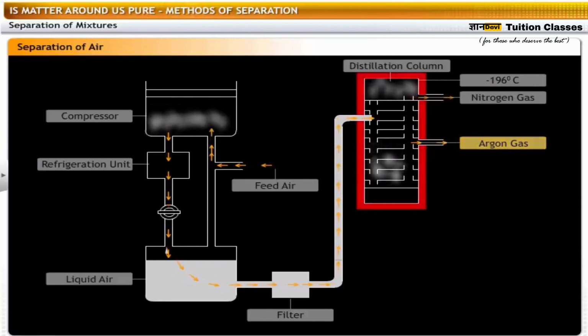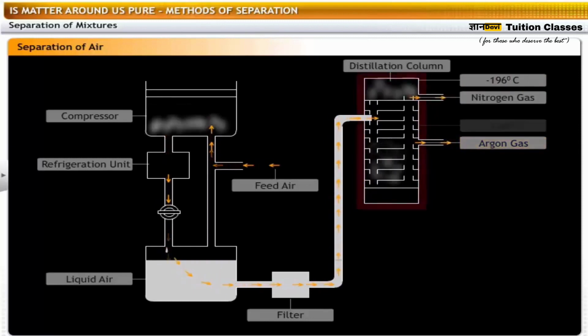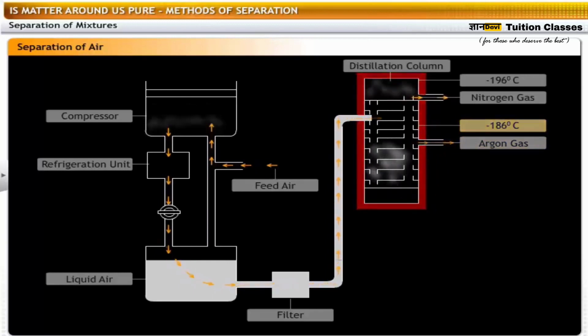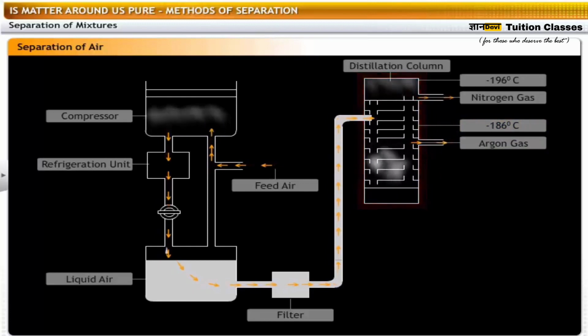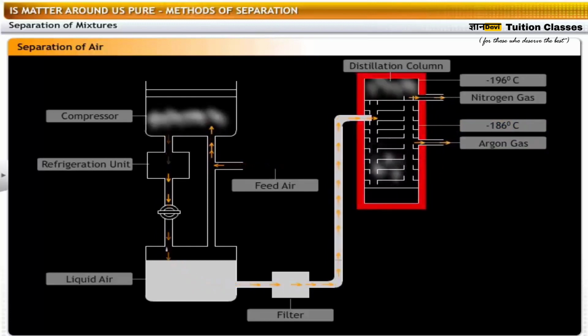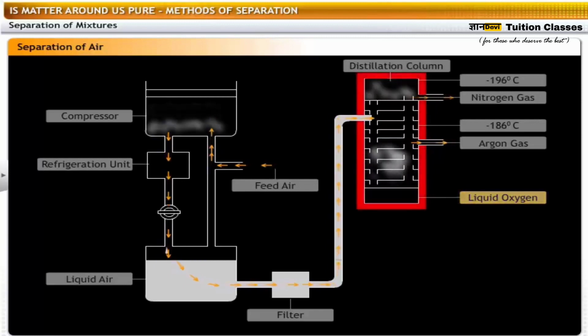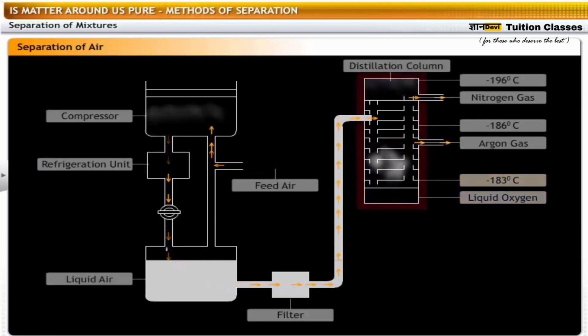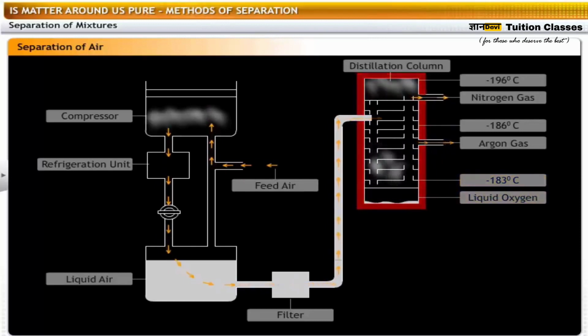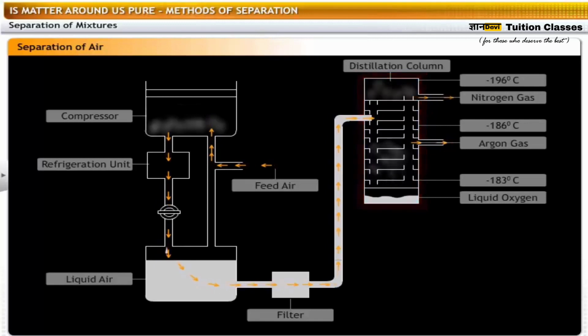Liquid argon has a slightly higher boiling point of -186 degrees centigrade, so it boils next. It collects as argon gas in the central part of the column. Liquid oxygen has the highest boiling point of -183 degrees centigrade. It boils last. It collects as oxygen gas at the base of the column.